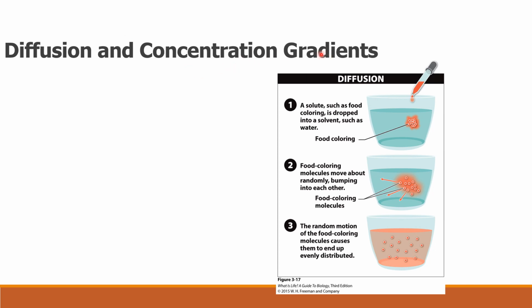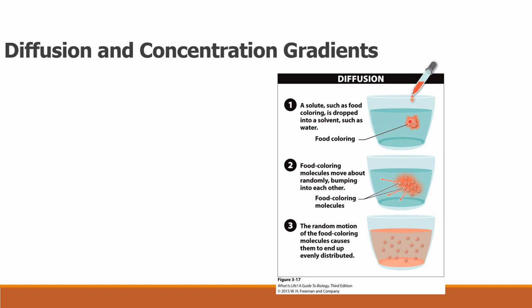Now, what does the word concentration gradient mean? A concentration gradient means that you do not start with equal concentrations, meaning that right here you have the dye concentrated in this region, while the rest of the beaker does not have any dye. So those two regions right here are not equally concentrated.